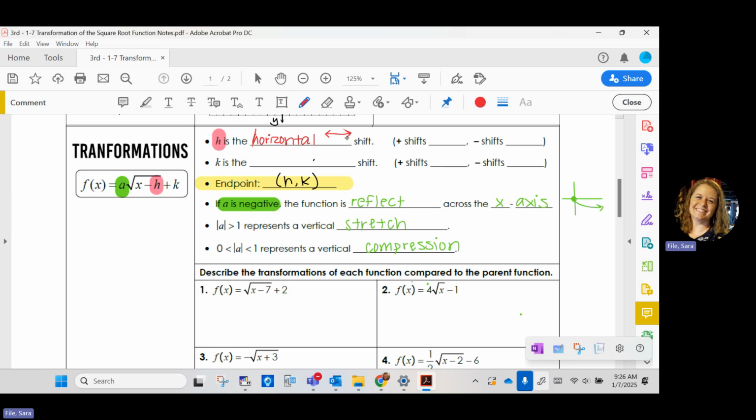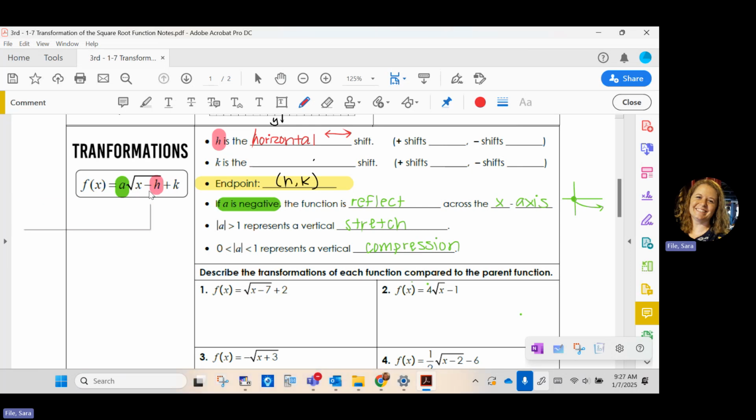Now, in the equation, there is a minus. It's x minus h. So if that h value itself is positive, it's going to appear to be negative in the equation. It's going to be x minus 2, for instance.